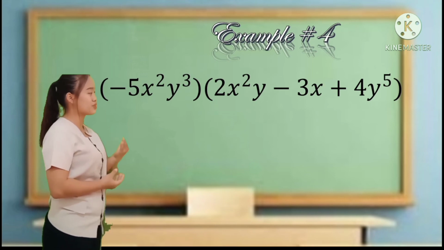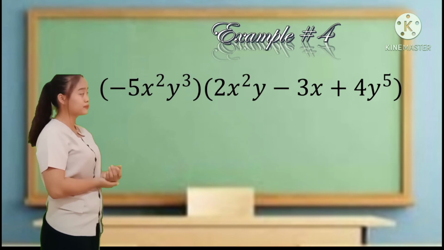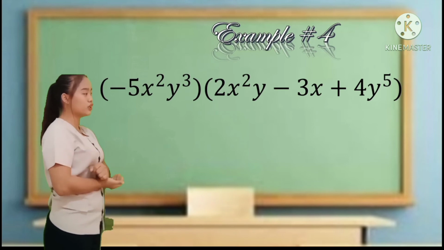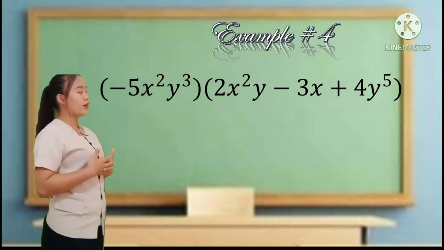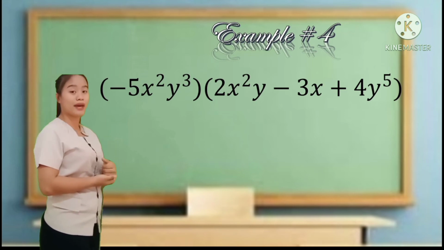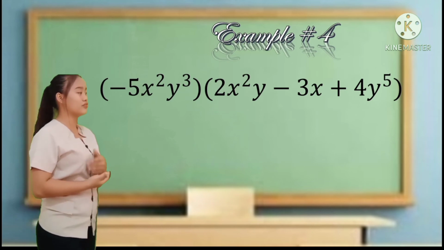Class, based on our example in multiplying monomials, what will we do here? We will multiply the coefficients, negative 5 times 2, so it is equal to negative 10.